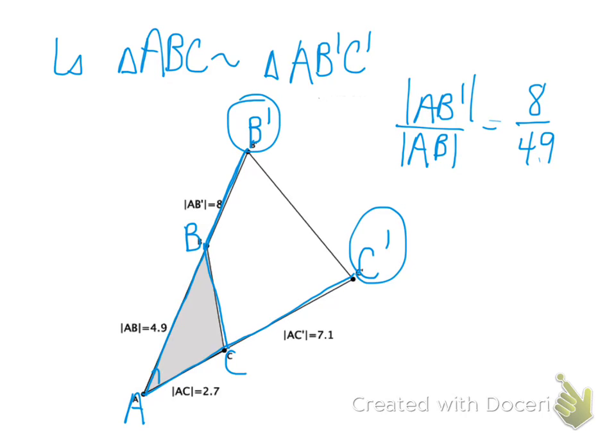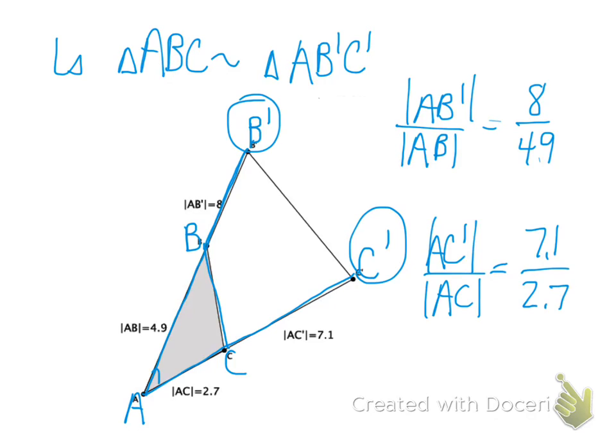And then for this other ratio that we're going to check, we're going to do AC prime over AC. So this is 7.1 divided by 2.7. So when you do the division on these two fractions, you can see that the scale factor used to dilate B was 1.6 and to dilate C was 2.6.